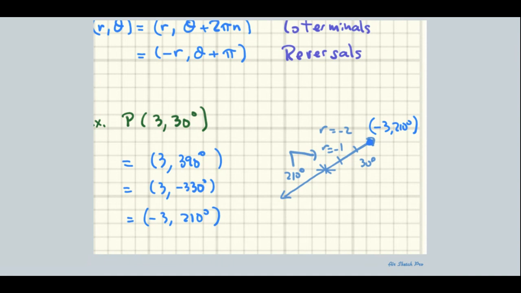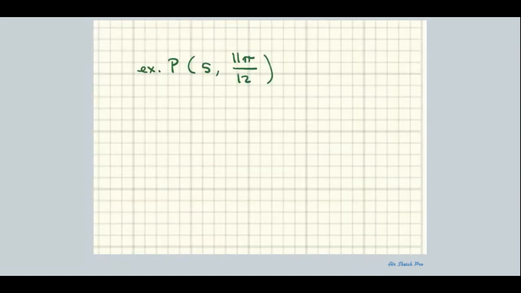So let's take a look at this next example, doing the same thing with radians this time. Okay, here we go. I'm going to find alternative ways of writing this. Now, first of all, I can add multiples of 2 pi.